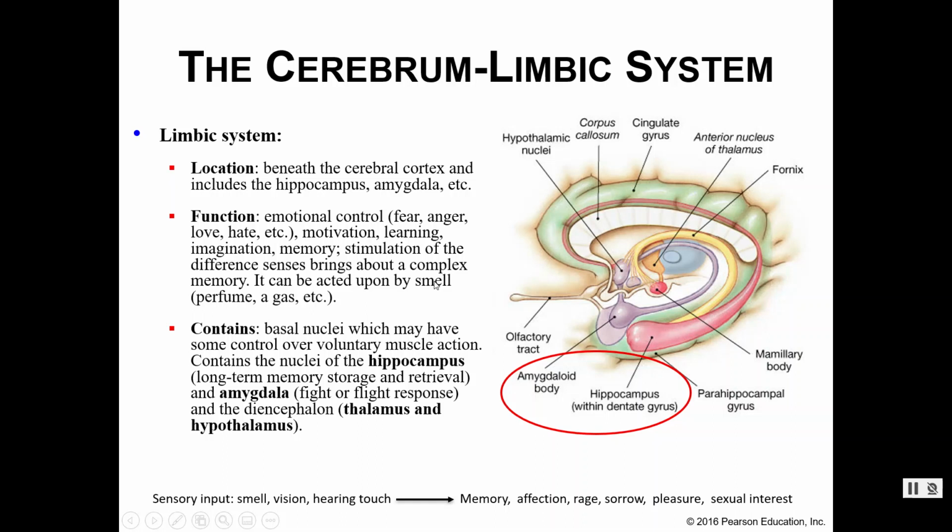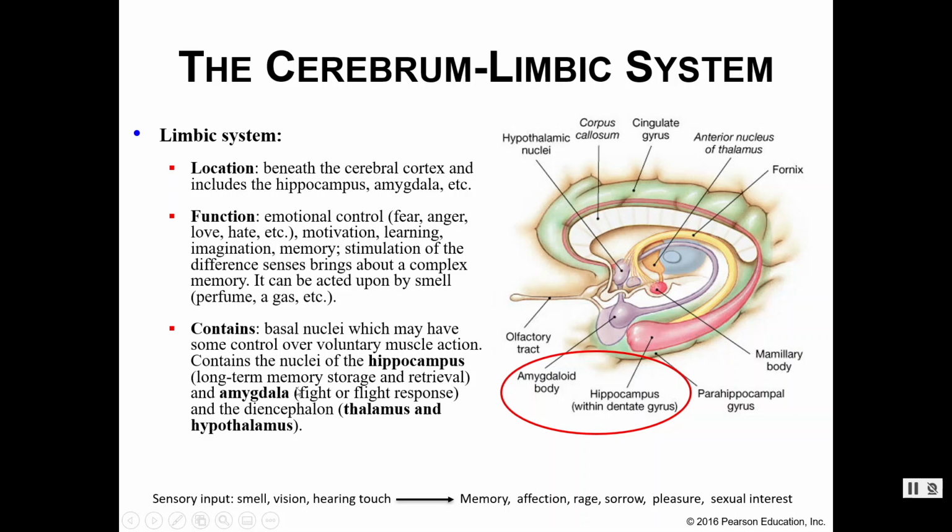This also includes some of the basal nuclei within the brain that have control over some of your voluntary muscle actions as well. And then specifically the hippocampus is good for long-term memory storage and retrieval. Your amygdala specifically is involved in your fight or flight response.